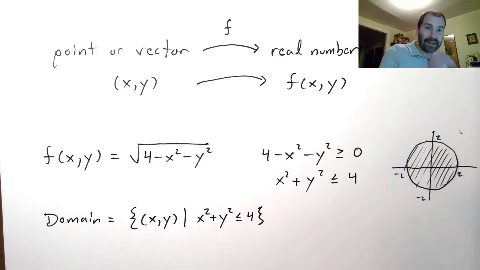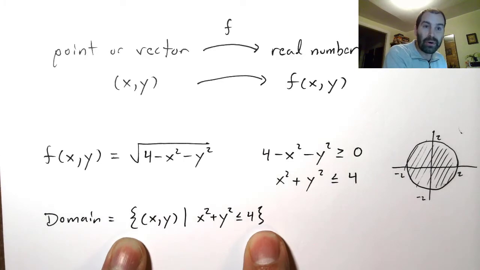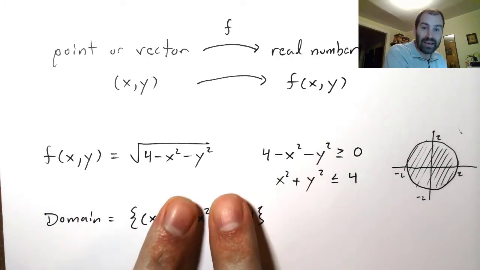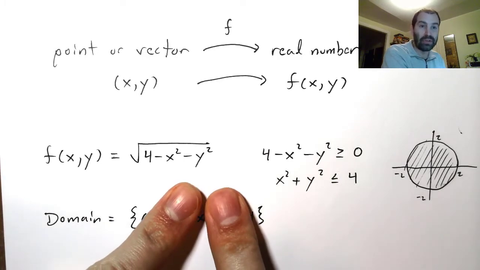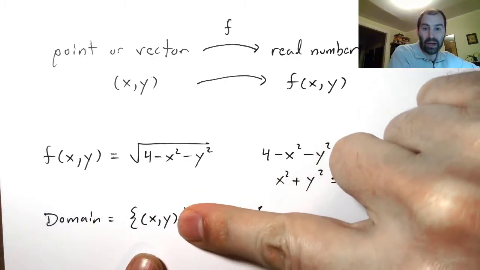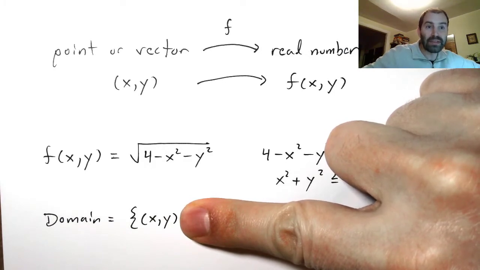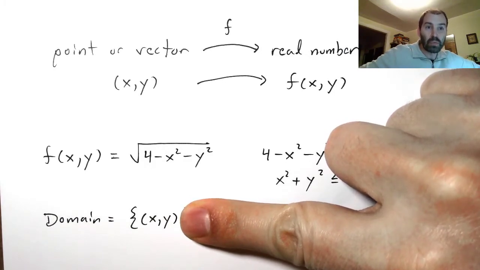Now notice how I did that. Set builder notation says to use these curly braces. So that defines a set. Whatever you write is going to be in between these curly braces. And then you first start off by writing down what are the things that you're talking about. We're talking about points. This is a function that takes two numbers as inputs. We can think of them as points, so x comma y, a point.